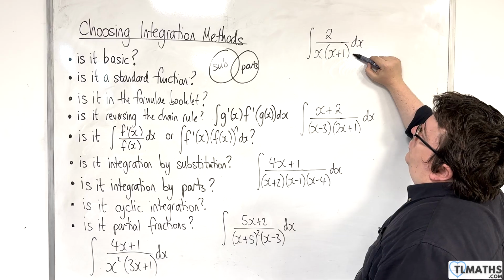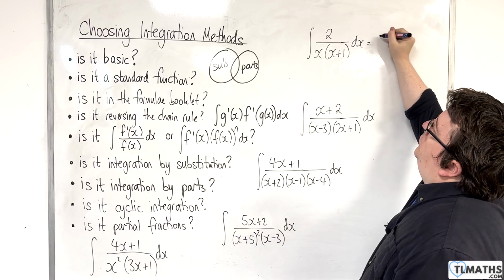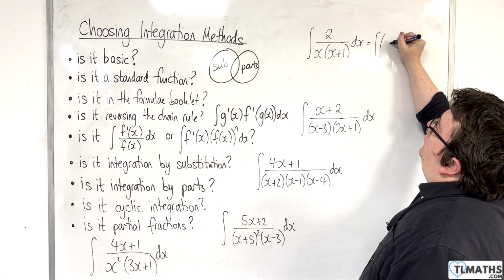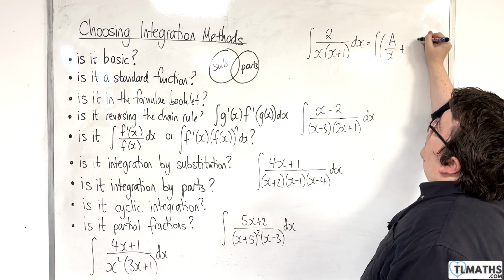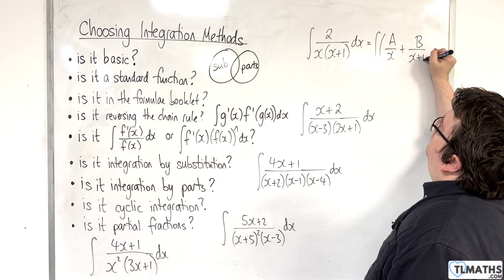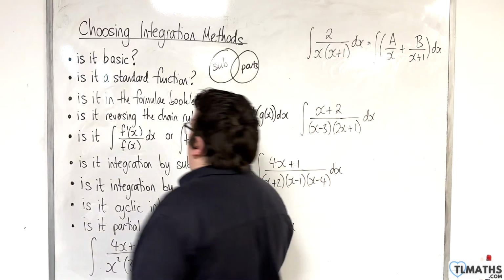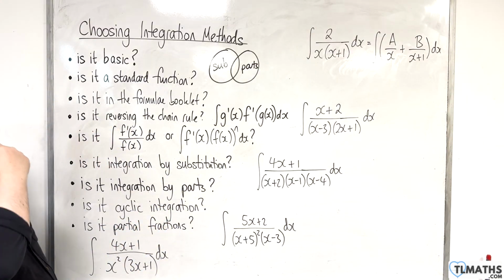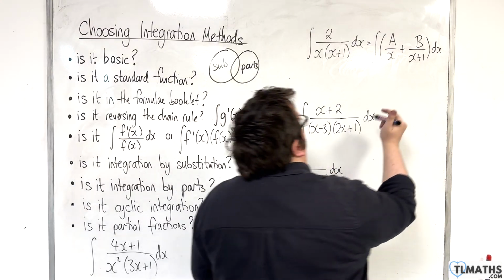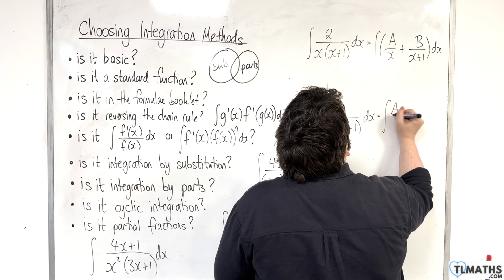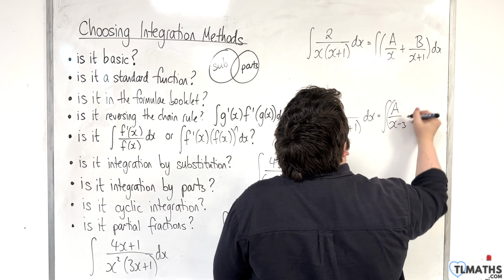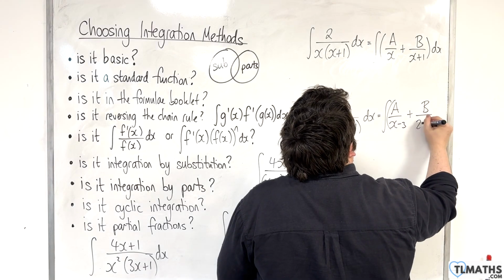So if we have this one, for example, then what you want to do is rewrite that as something over x plus something over x plus 1. Okay, so break it into partial fractions. Likewise, for this one, we want to write that as the integral of a over x take away 3 plus b over 2x plus 1.